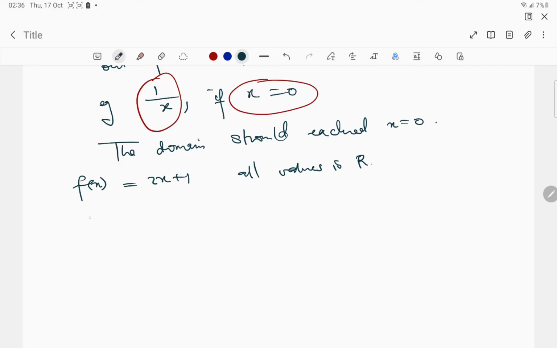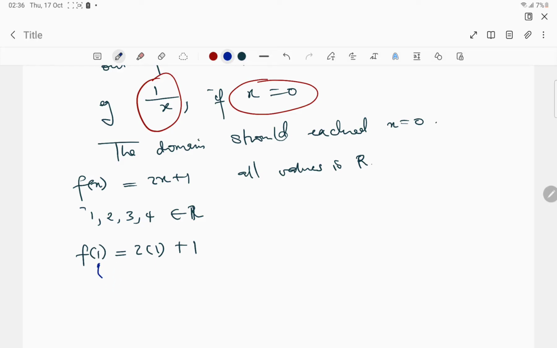Let's say we take 1, 2, 3, 4 in R. If we say f of 1, we get 2 times 1 plus 1.